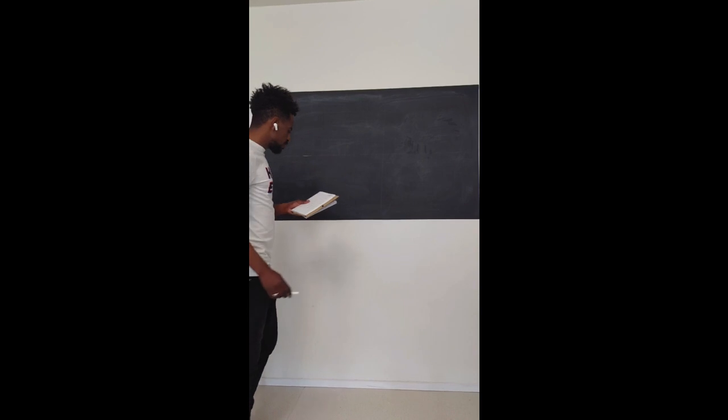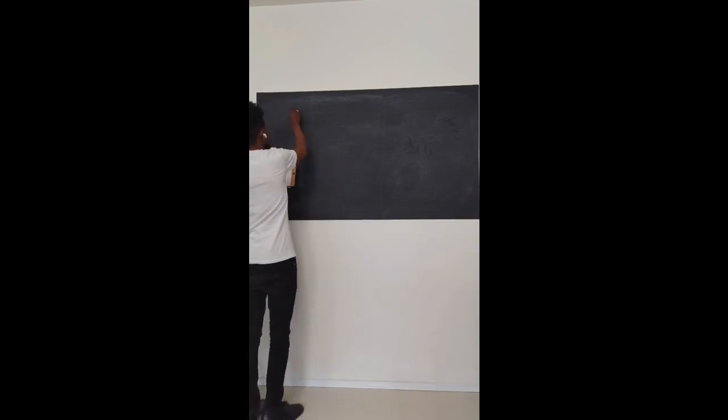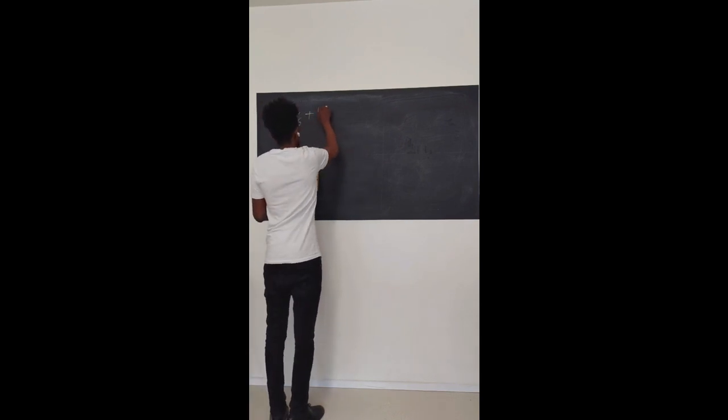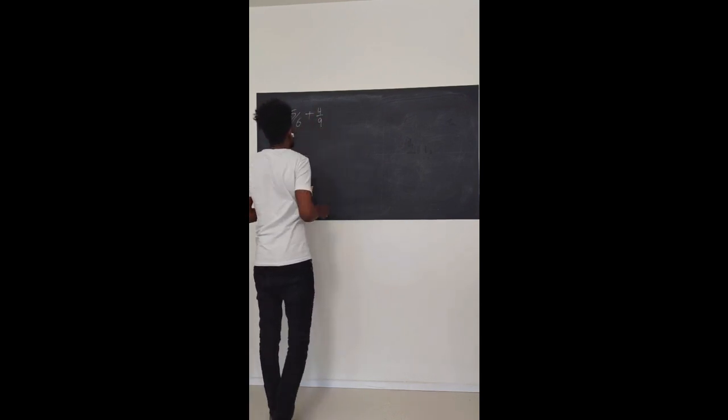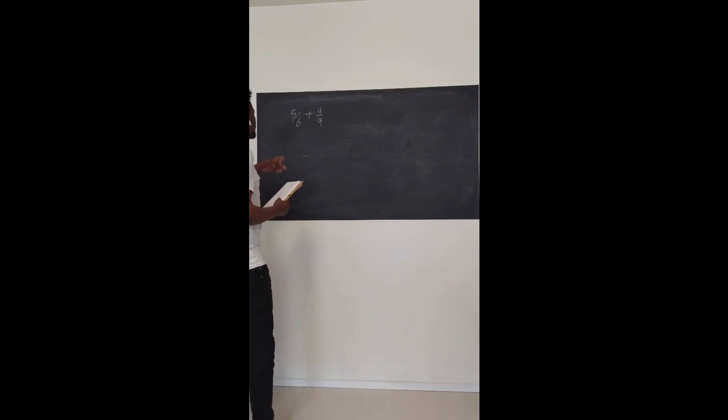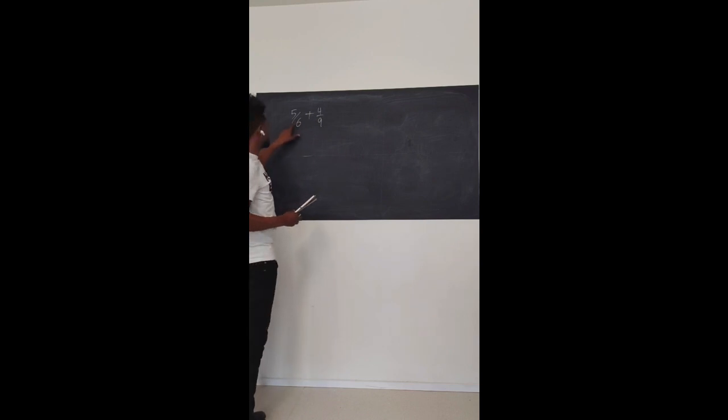Let's look at this also. 5 over 6 plus 4 over 9. What is the least common denominator here? We see that we can multiply the numerator and the denominator of this by 3, and here we can multiply by 2, and then we get the least common denominator, that is 18.